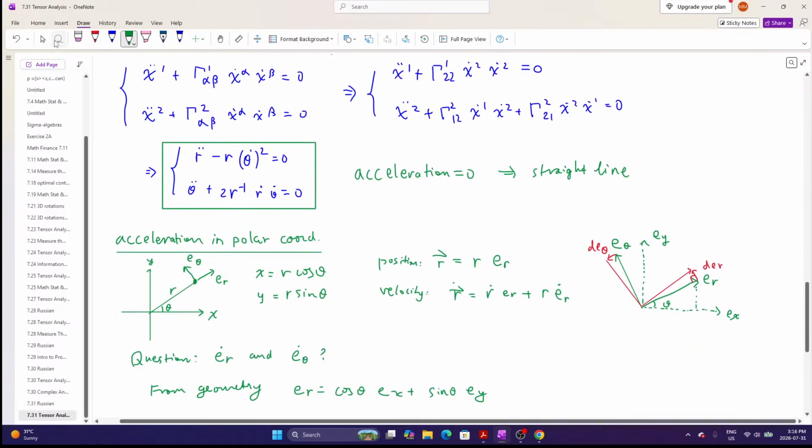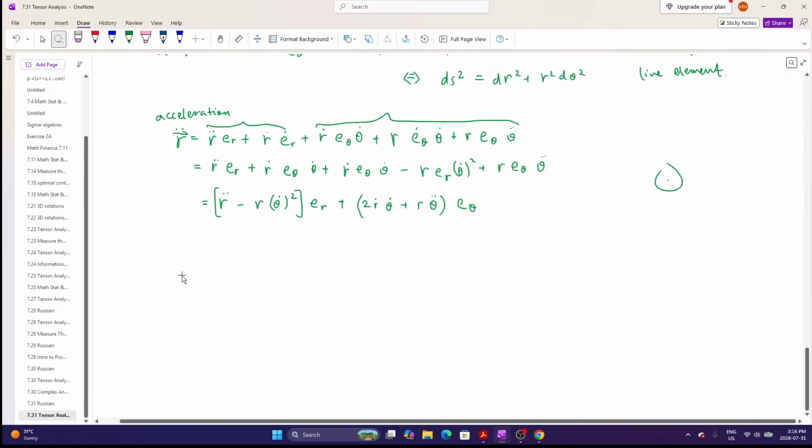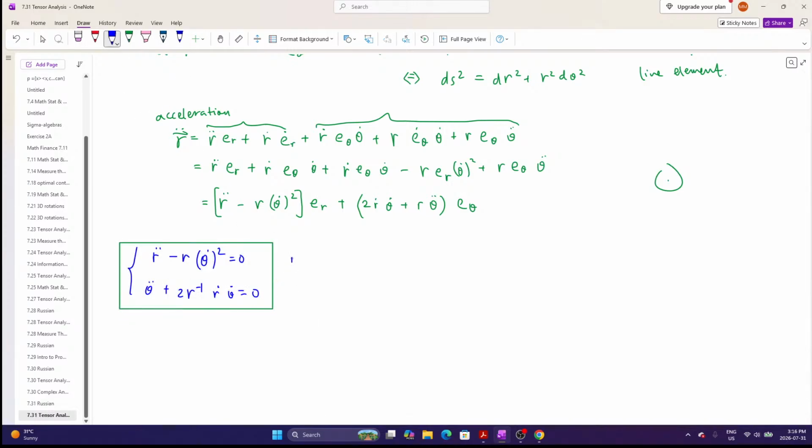Let's just look at the equations themselves, without the physical interpretation. From equation 2, multiplying by r is a major inspiration. So let's do r theta double dot plus 2 r dot theta dot. Actually, I'm going to multiply by r squared.